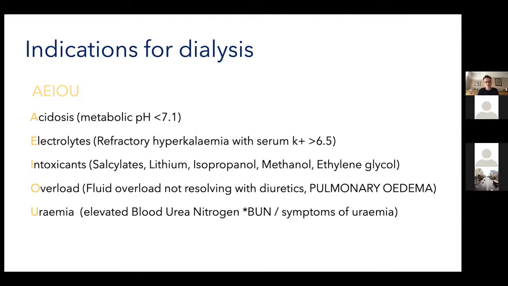Overdoses of paracetamol or lithium that you can't resolve through management, dialyze. And if they're fluid overloaded and not responding to diuretics, dialyzing them can relieve that pulmonary edema. And if you've got uremia, the management for uremic symptoms in a patient is dialysis.